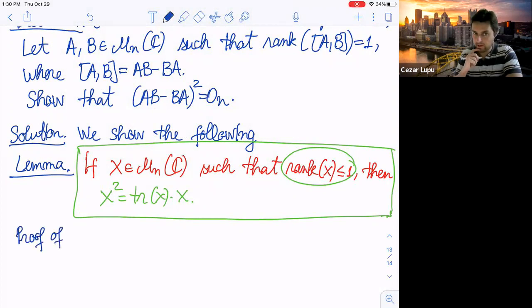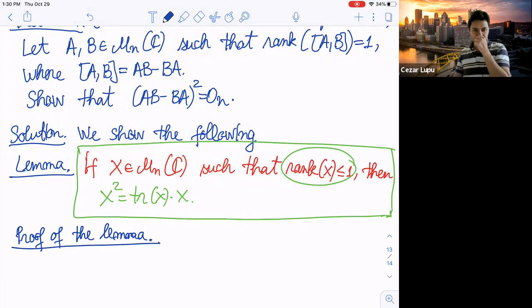And I want you to keep in mind the proof of the lemma. So let's see.